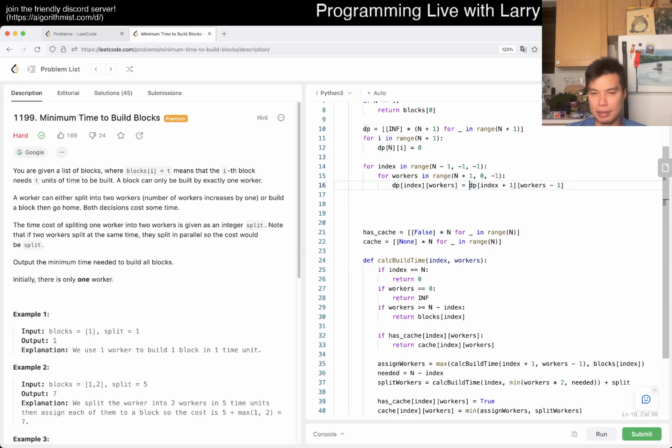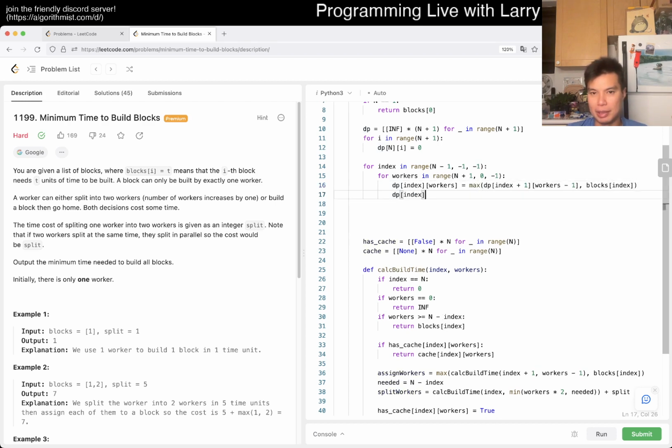This is going to be dp of index, so max of this, and then also maybe min of this. The other thing, which is dp of index, but workers times 2, right?